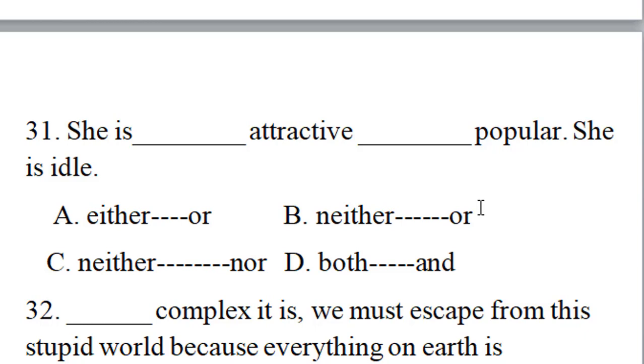Neither or is wrong coordination. Neither nor, right. Both and means both. So she is idle: neither attractive nor popular.